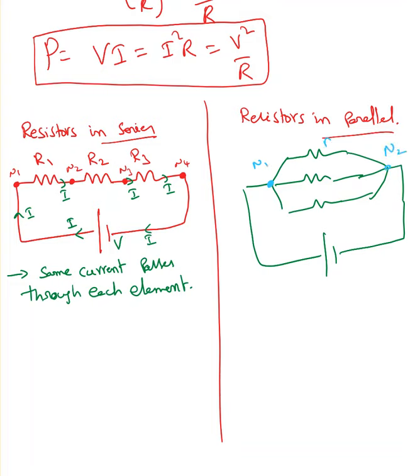So R1, R2 and R3 are in parallel. They must exist between the same nodes. Here current division takes place: whatever current comes in, I, is going to split into I1, I2 and I3.